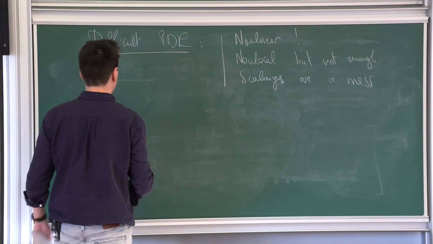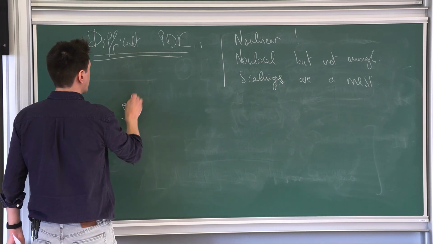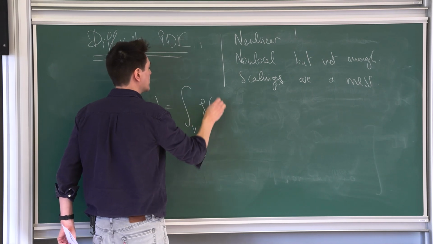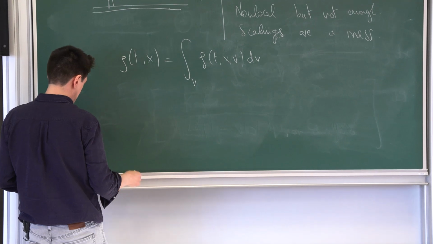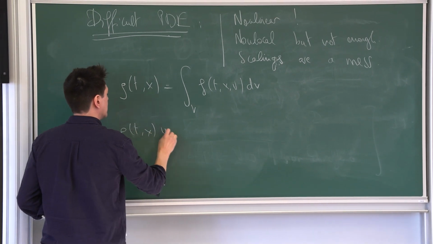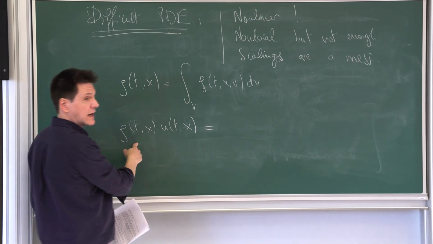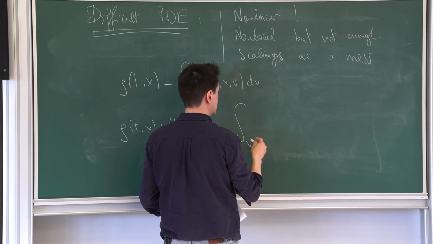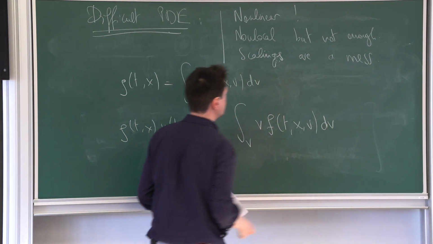Now, another argument for how difficult this PDE is: define rho(t,x) being the integral in the kinetic variable of your probability density. Instead of dividing by rho, I write directly the momentum physically, being the integral of v times f(t,x,v) dv.